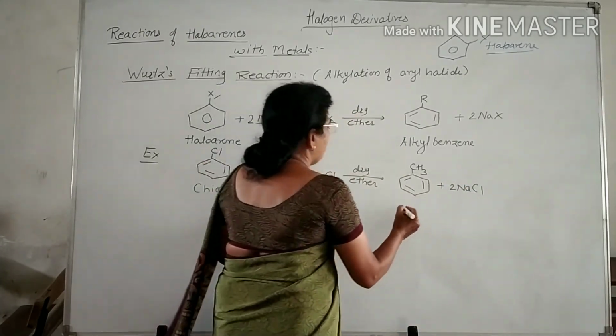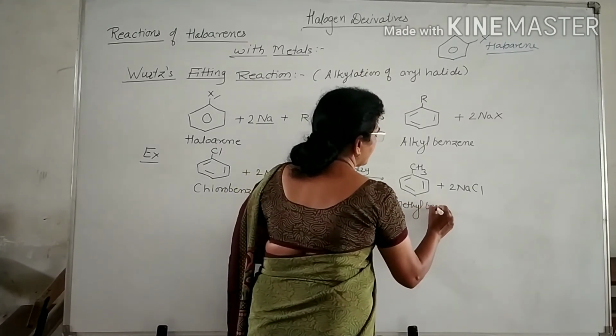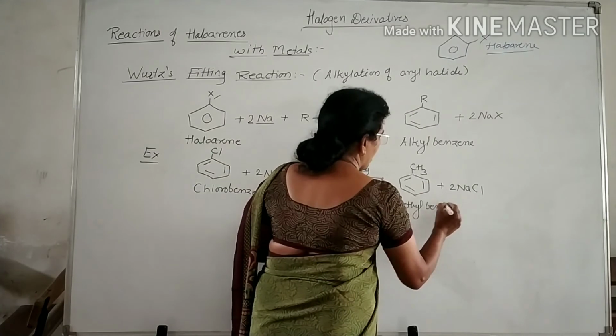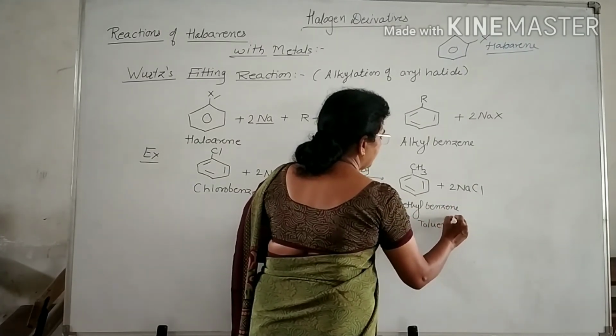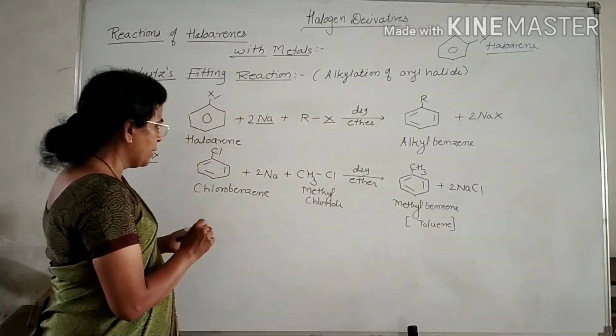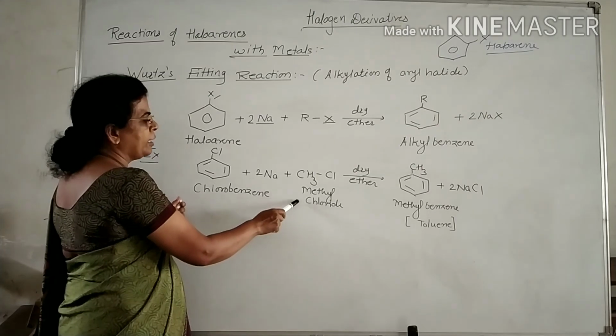This is methylbenzene or toluene. Now here we have used one haloarene and one alkyl halide.